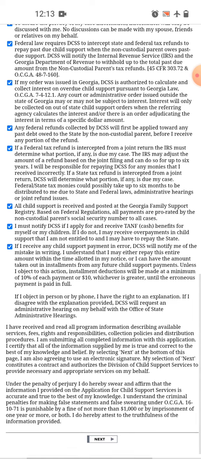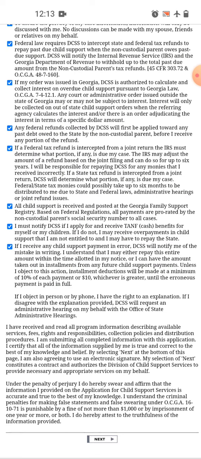Okay, this is a contract. It's an affidavit. This is technically like a power of attorney as well, because they got somebody else operating on their behalf for their benefit.